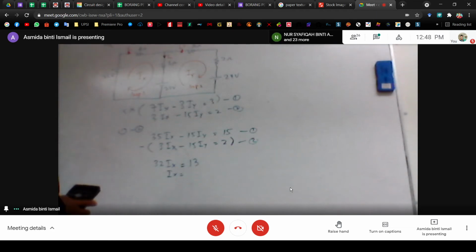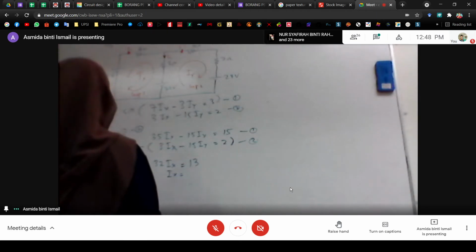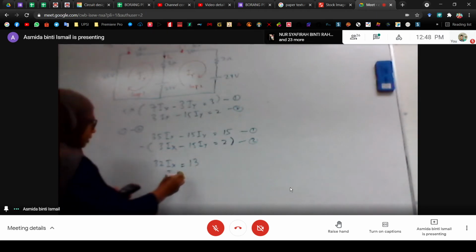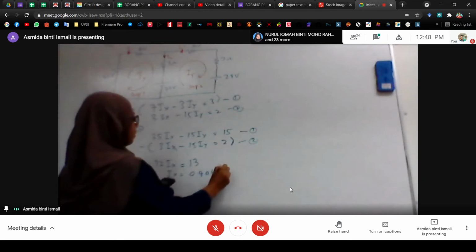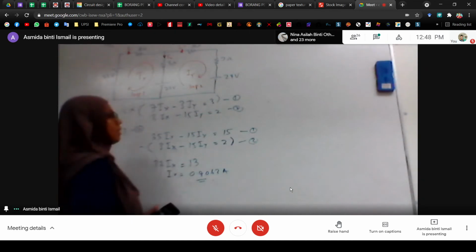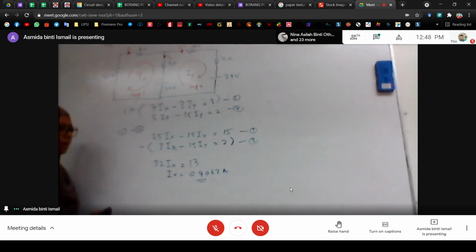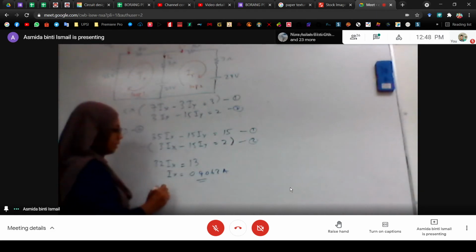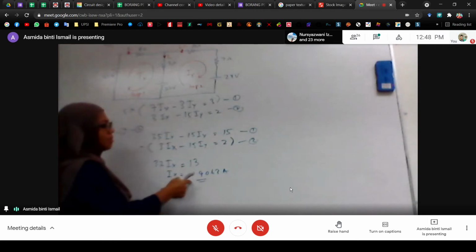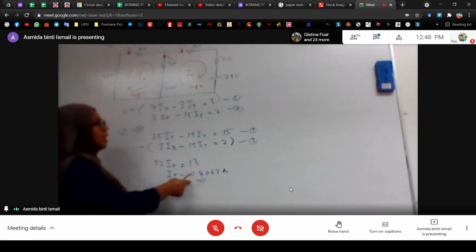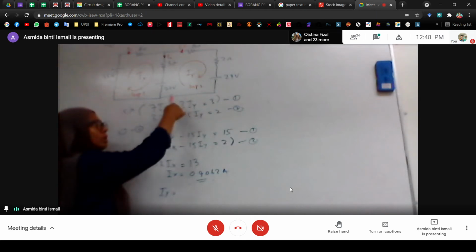Ix equals 0.4063. And then for I1, just substitute this value in this equation or this equation.